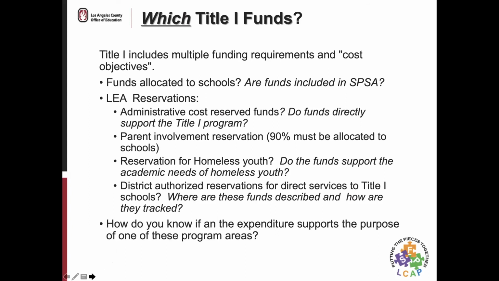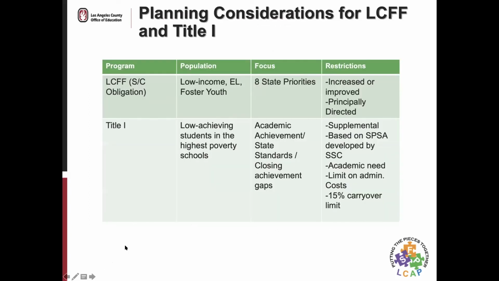Okay. All right. So the question we get sometimes is a confusion between LCFF, that increased or improved services obligation, and Title I, because there's some similarities, and that causes some confusion. And we thought this chart helps a little bit. First of all, if you look at LCFF, here we're looking at the population you're serving: low-income students, English learners, and foster youth.